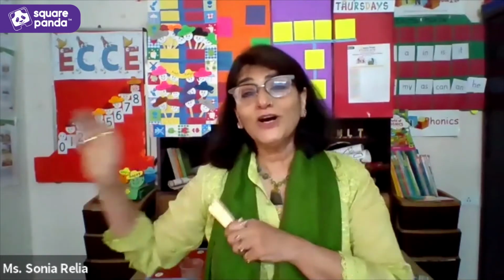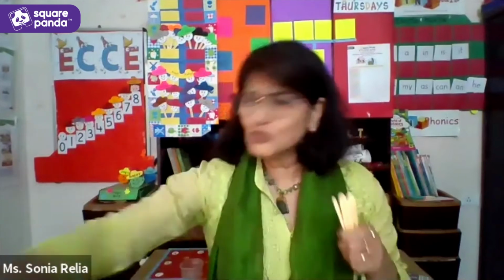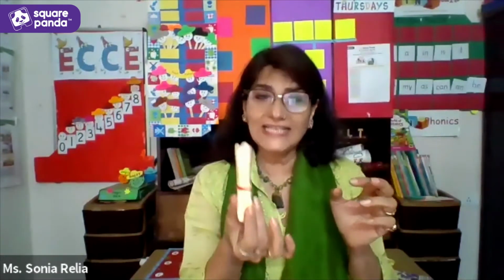Once this is done, you can tell them, can you all show me the bundle of 10, for the children who have made each bundle? And you cannot say, I have finished, till everybody does the activity. So you will see children taking it, helping each other. So now all of us have bundles of 10. Place it in front of you. Each child places the bundle in front of them and says that I have 10.